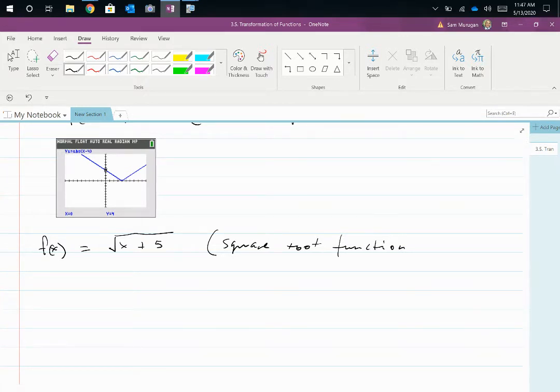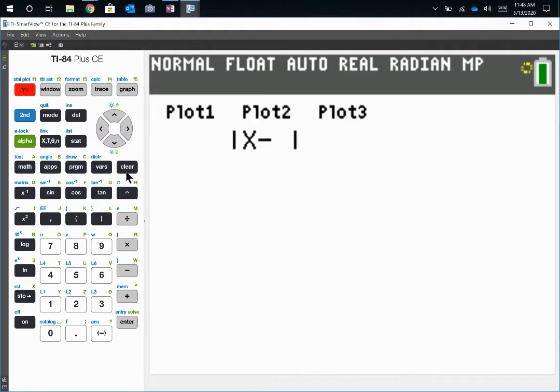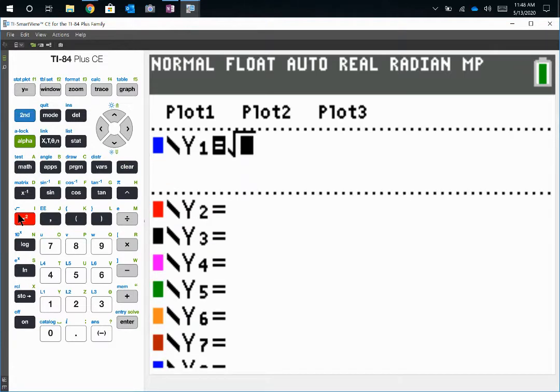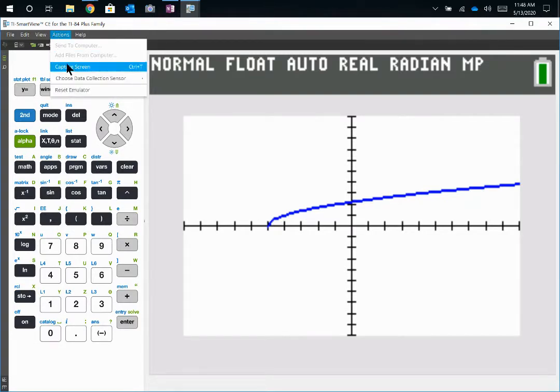Yeah, you guessed it, we're going left 5 units. So square root of x, don't come out from under the square root sign now, plus 5. We're underneath the square root sign still because we're attached to the x. And this represents the graph shifted 5 places to the left-hand side.